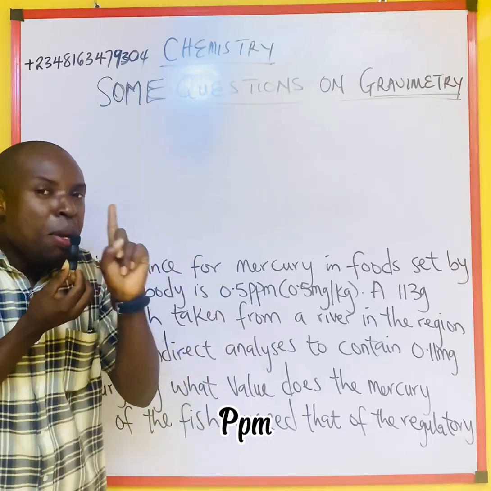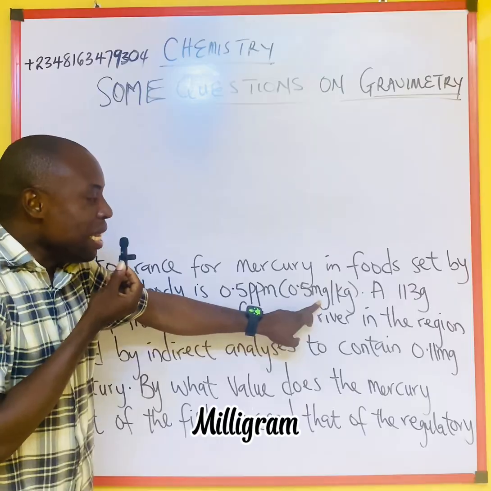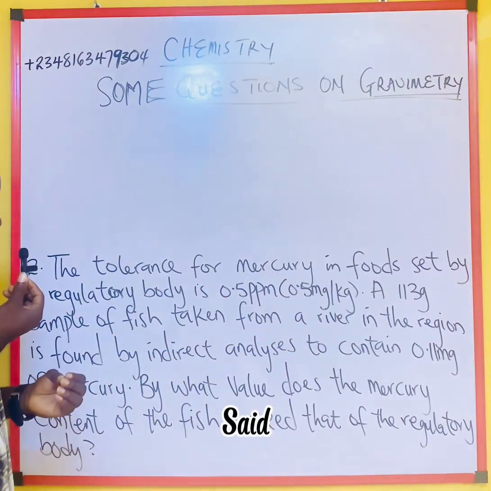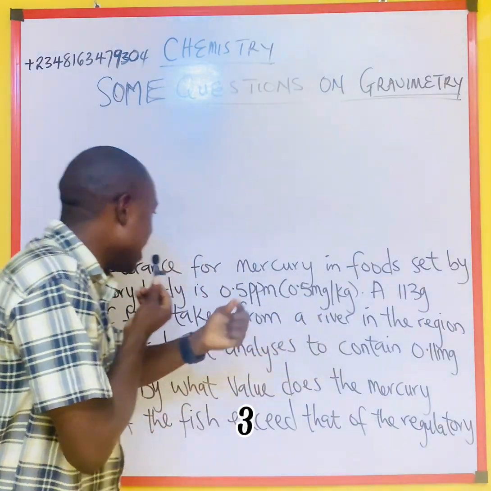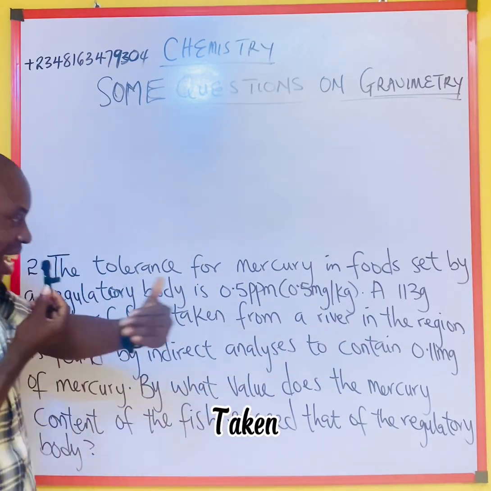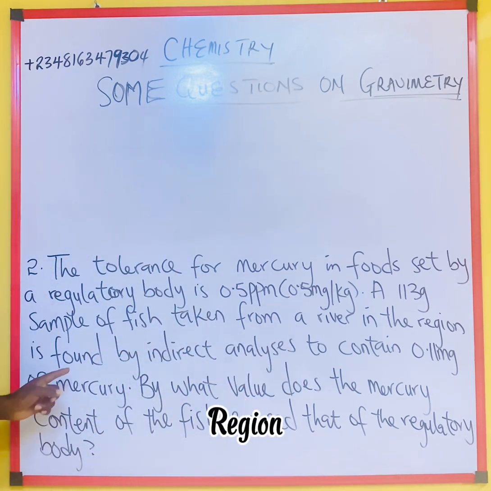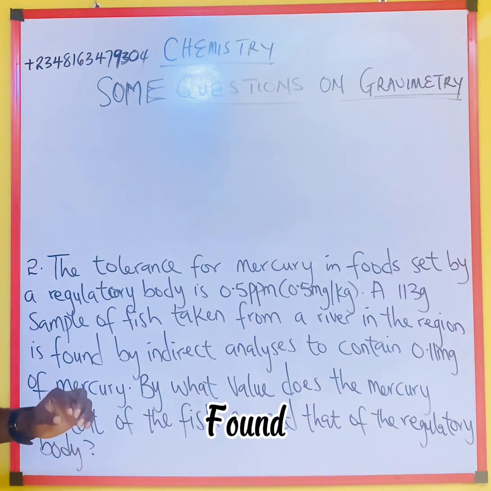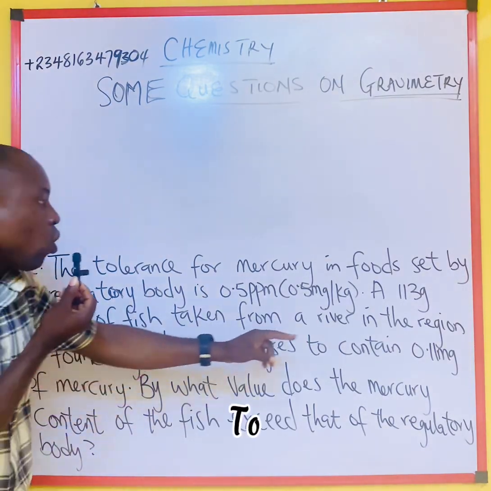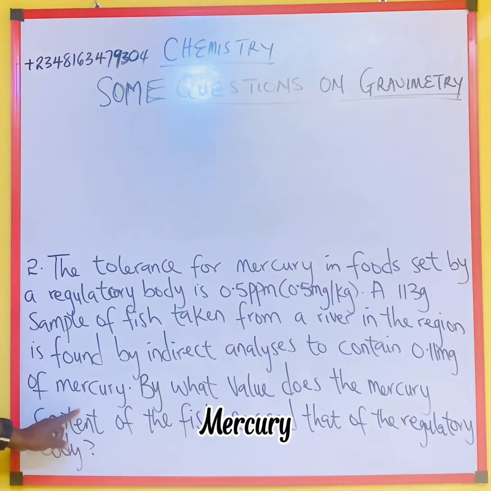And 1 ppm is equivalent to 1 milligram per kilogram. They now said a 113-gram sample of fish, taken from a river in the region, is found by indirect analysis to contain 0.11 milligram of mercury.